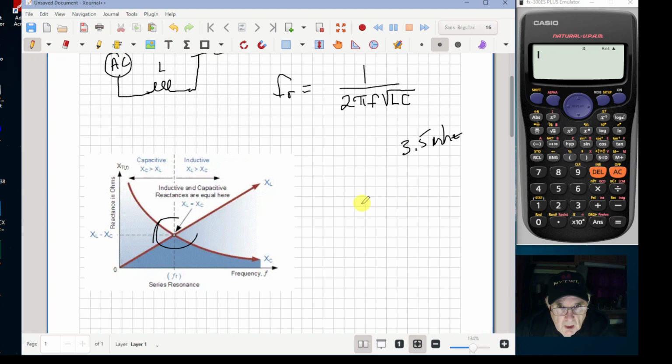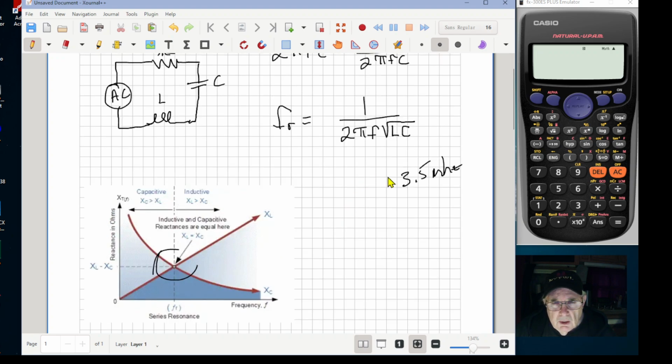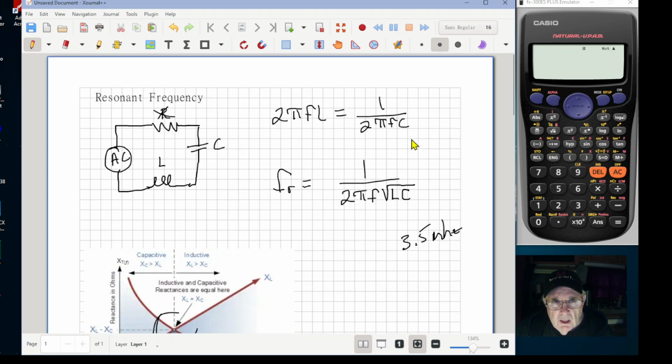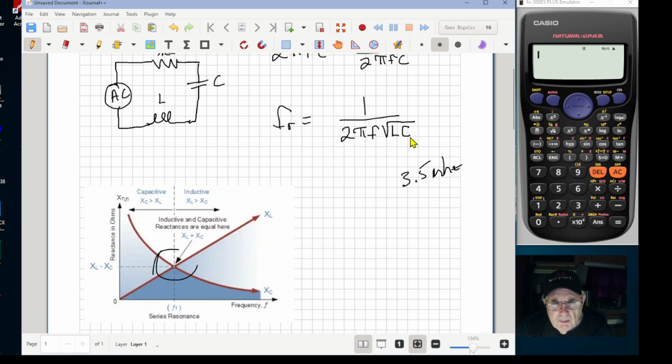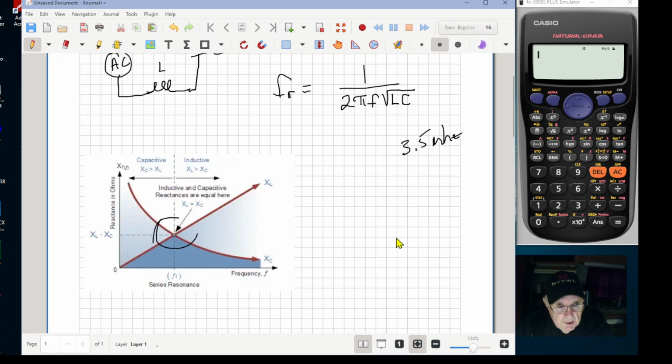Okay. So if you've already watched the inductive and capacitive reactance videos and know those formulas, then you have a pretty good idea. And we're just going to plug a couple of values in. Let's say, for example, I have R equal to 22 ohms. I'm just putting it here because that's what's in the circuit, but it's really not used.